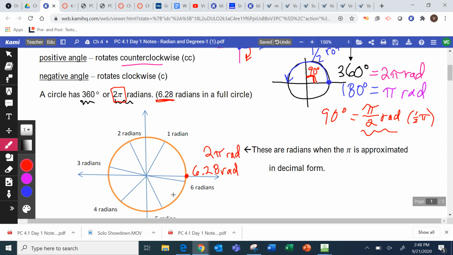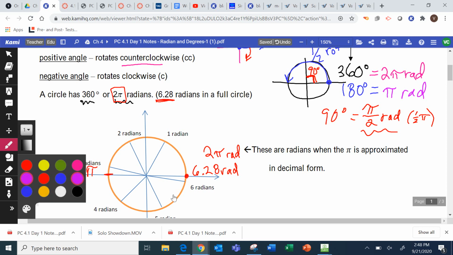So these numbers are equivalent. They have the exact same units. It's just one of them has the pi approximation multiplied through, and the other one has the pi as a symbol. You do need to understand both of these. So if I take half of 2 pi all the way to the other side, we are sitting at pi, which is half of 6.28, which pi is 3.14.